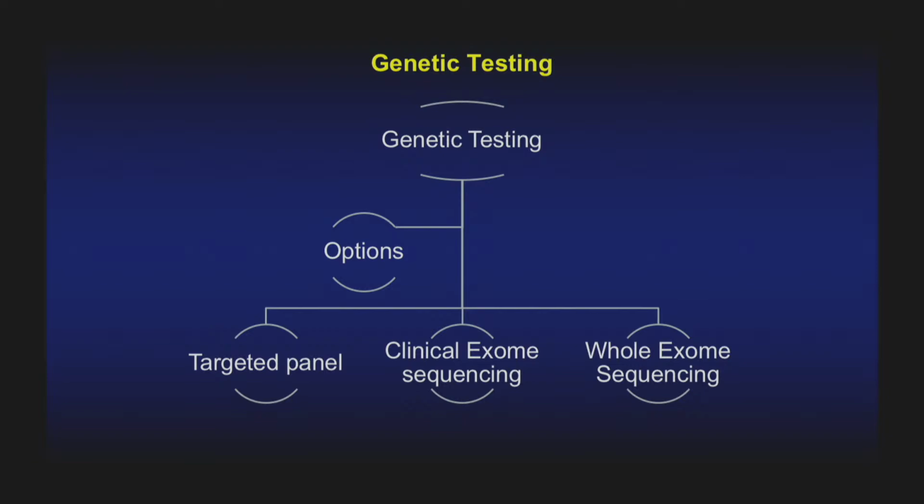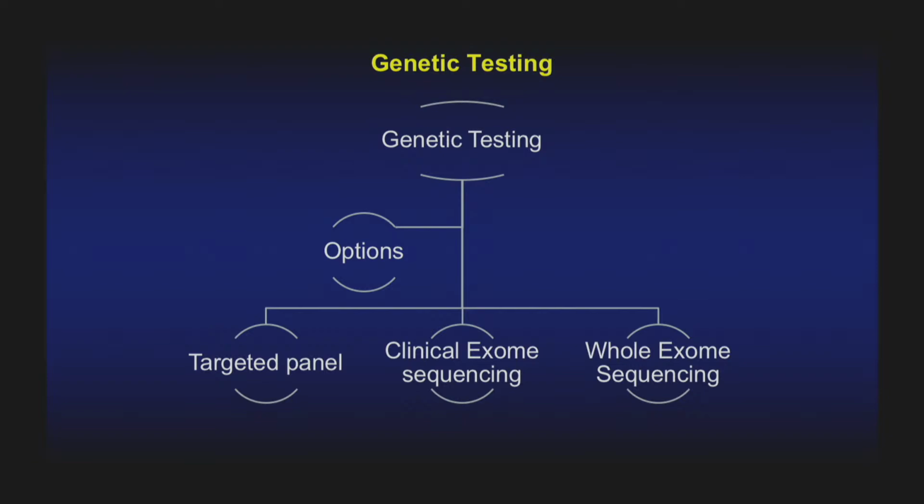On the other hand, you have an unbiased way of looking at the exonic regions, called clinical exome sequencing or whole exome sequencing. If you want to rule out something or you have an overlap of symptoms between 2 or 3 different kinds of syndromes, you can order this unbiased kind of test. So it's always good to go for whole exome sequencing, because clinical exome has a subset of genes from the whole exome sequencing.